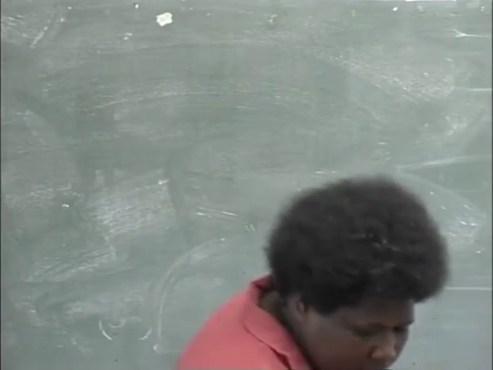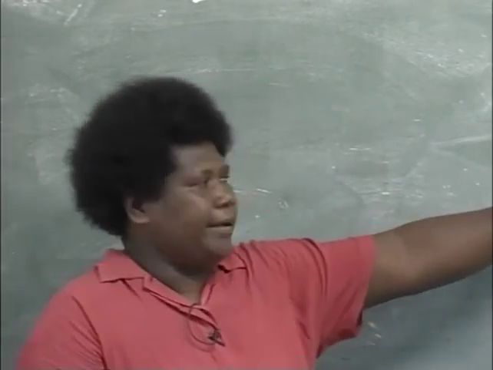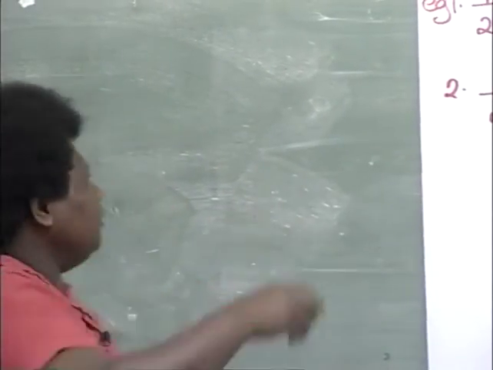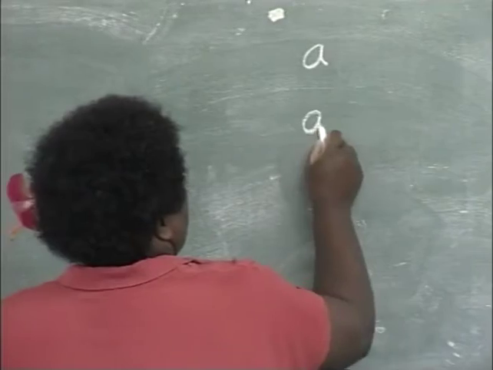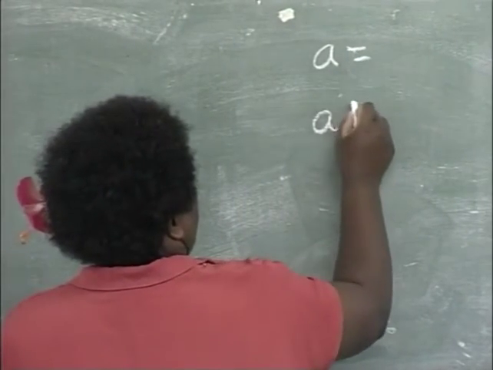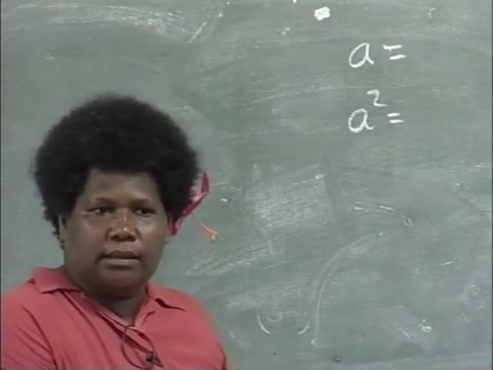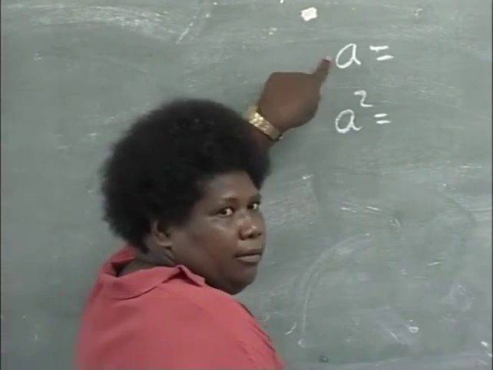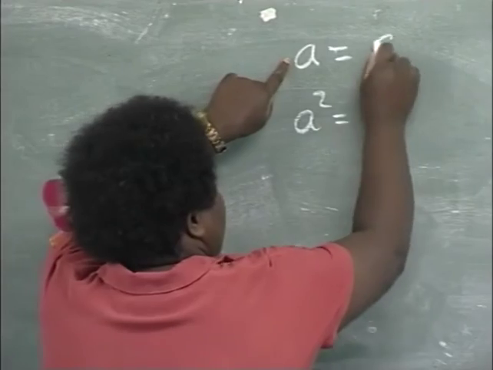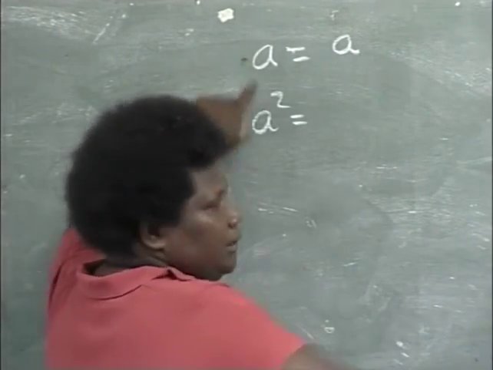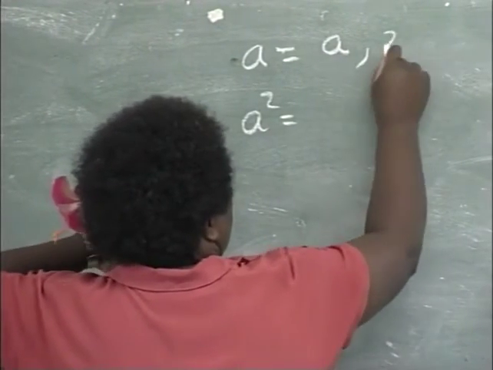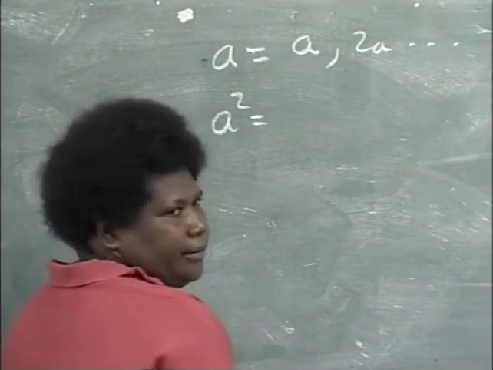The opposite of each other. Okay, when it comes to algebra, if I wanted to find out which is the common multiple of a and a squared, the first multiple of a will be a because it's a times 1. A times 2 is going to be 2a, and so on.